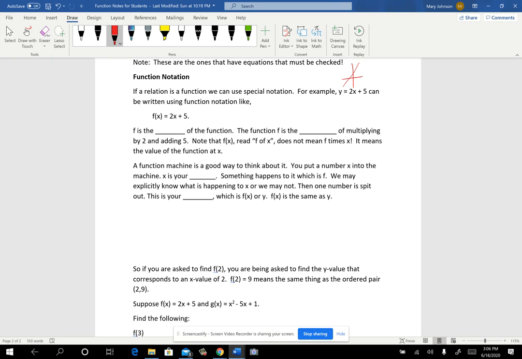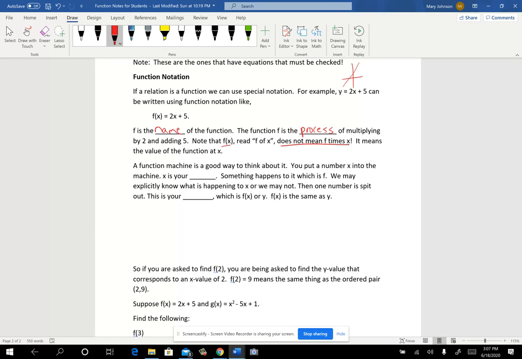The way I want you to think about it is that what f really is here, the f, is the name of the function. It's the process of, in this case, multiplying by 2 and adding 5. It's that process. So this notation is read f of x, but it does not mean f times x.